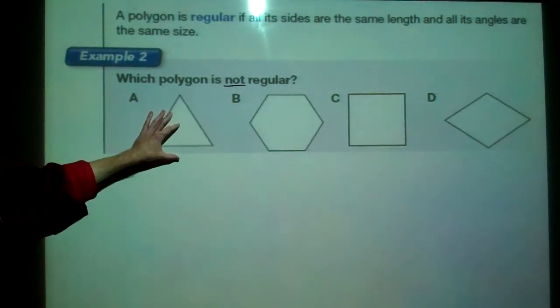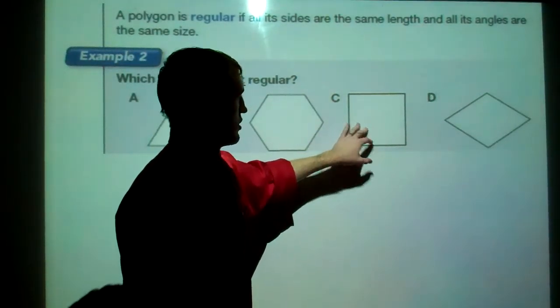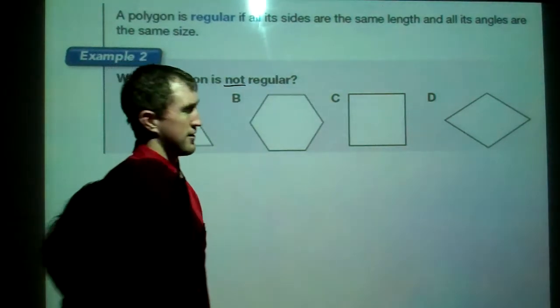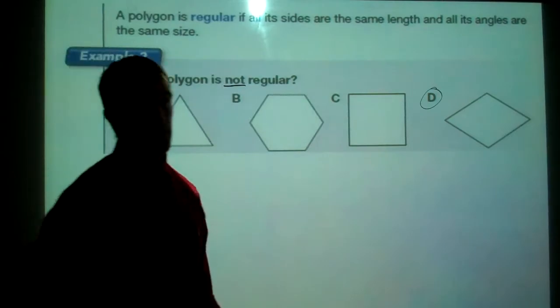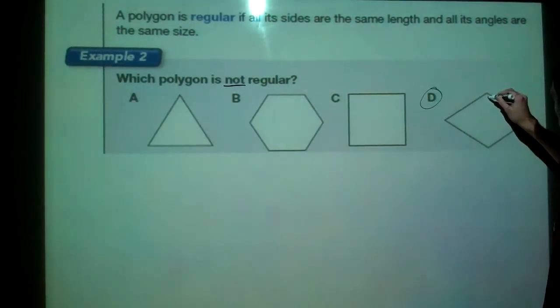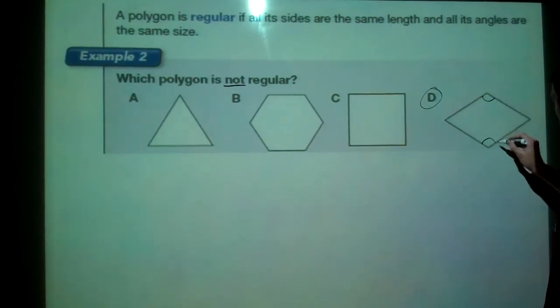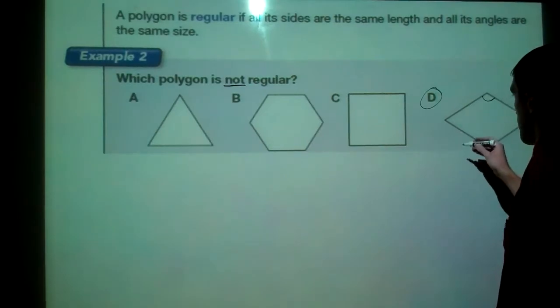So A is regular, B is regular, C looks like it's a square. So why is D the one that's not? D is not. Those sides might be the same, but we can see this angle here and this angle here. Those are obtuse angles, and they are probably the same.